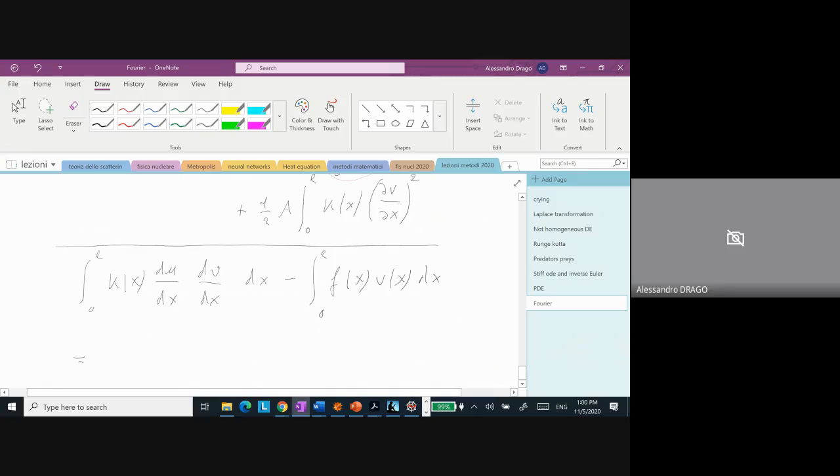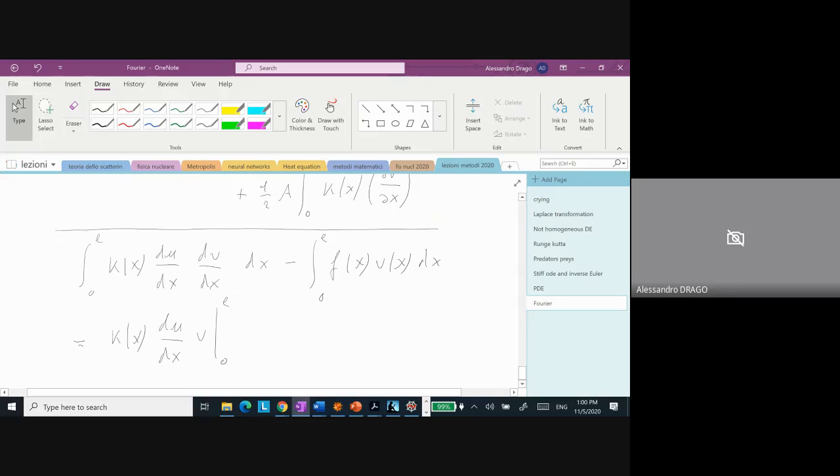So I integrate dv over dx, and therefore I get k of x, du over dx, v evaluated at 0 and at L, minus the integral from 0 to L, and I have to differentiate the other part: the derivative over dx of k of x, du over dx, times v of x dx.